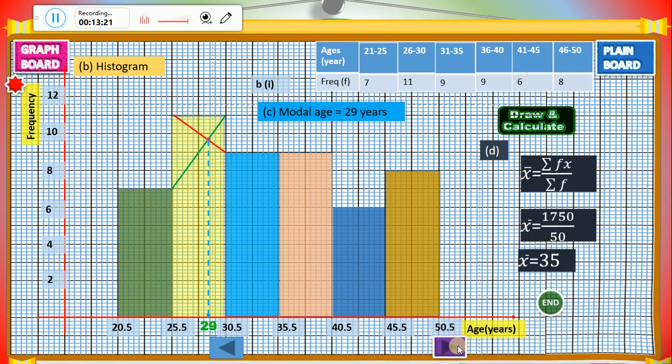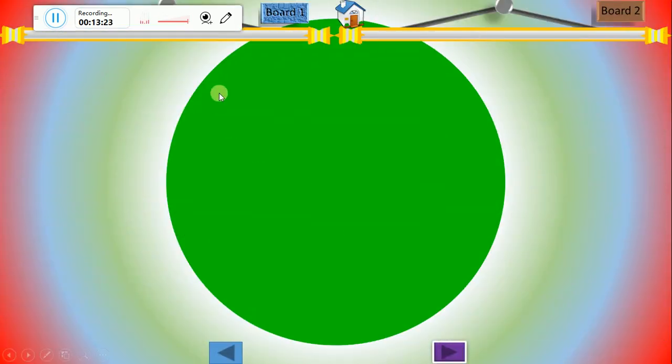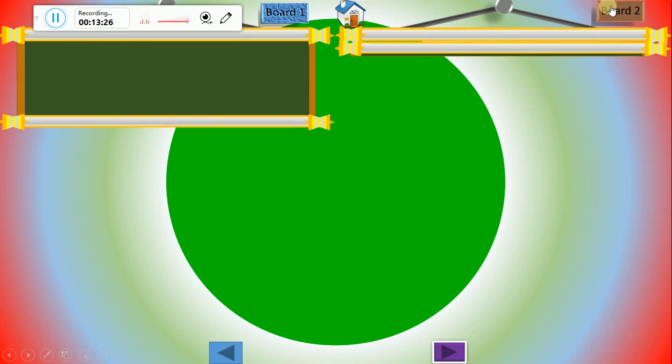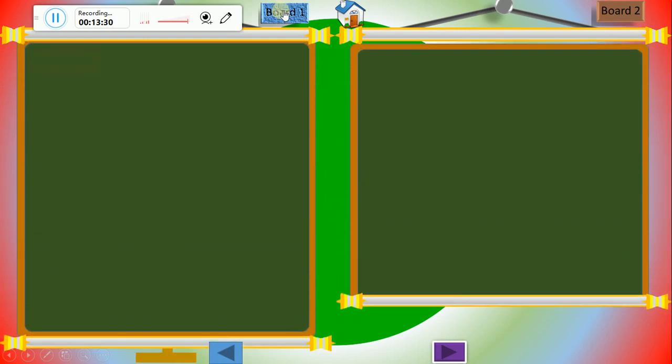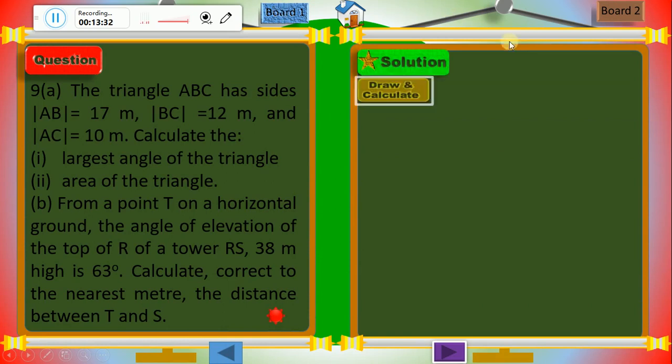We now move to the next question and the final question for this presentation. So we draw the triangle, we label the triangles. The largest angle is the angle that is shaded now, and that angle should be opposite the longest side of the triangle.